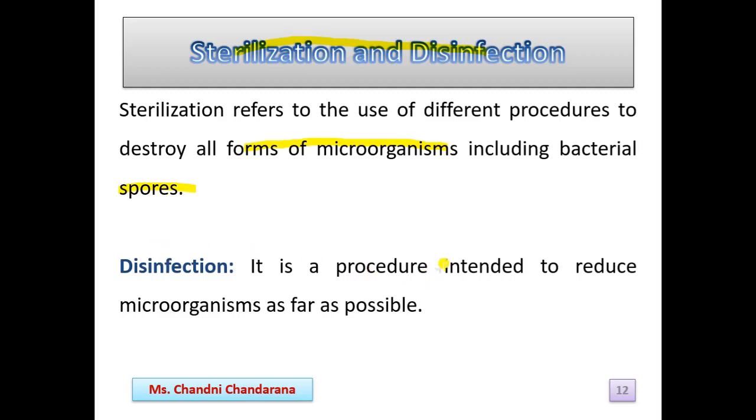Disinfection is a procedure intended to reduce microorganisms. Here we cannot destroy the bacterial spores, but in sterilization we can. So this is the basic difference. In short, disinfection can never replace sterilization.